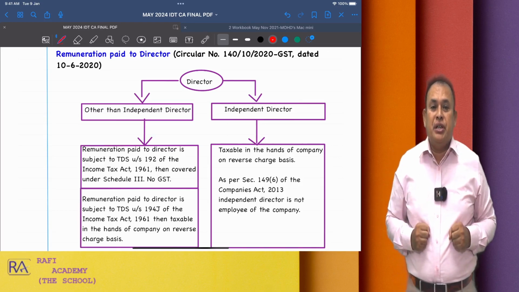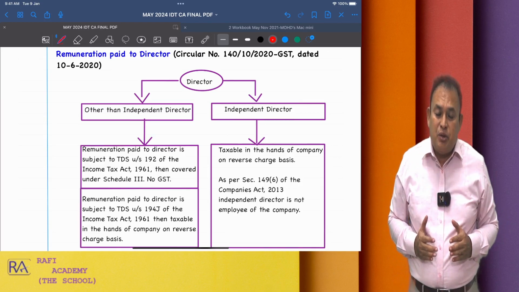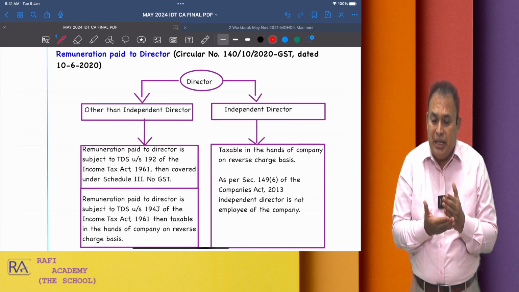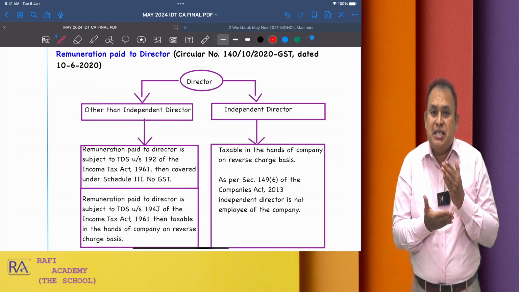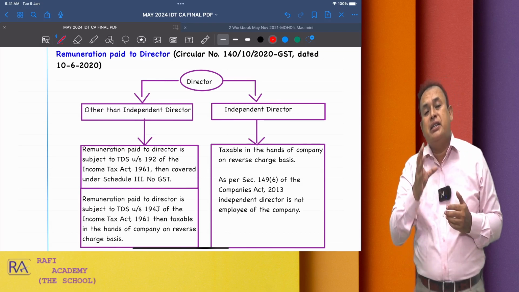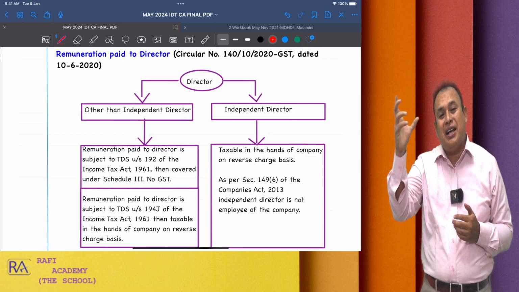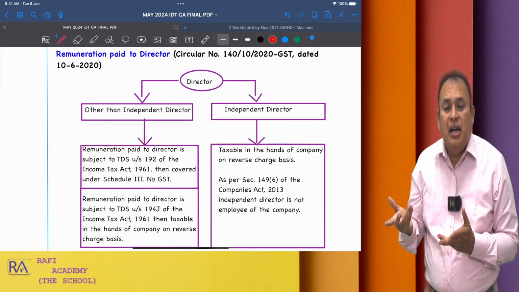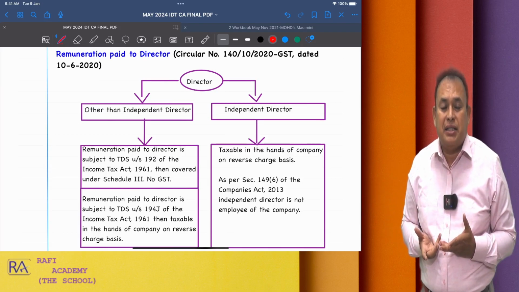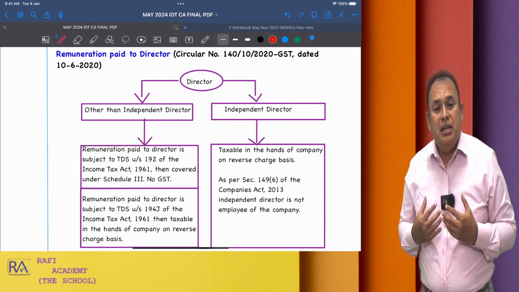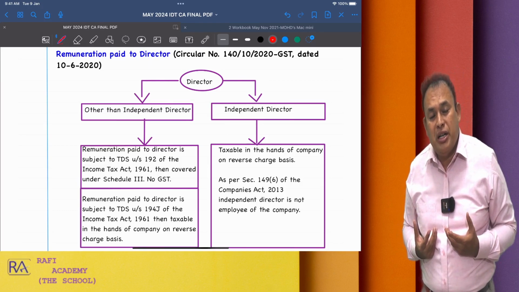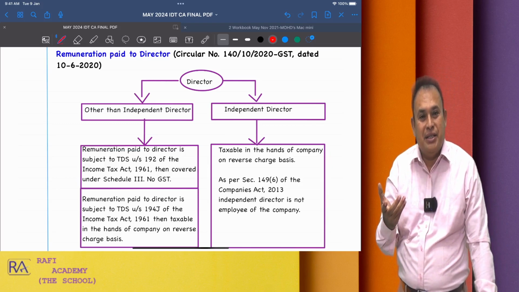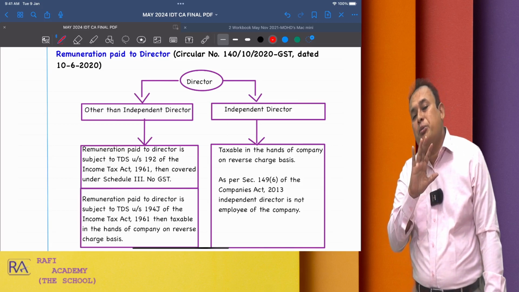If that comes into the picture, the CBIC has given a circular saying that if your salary or your remuneration, your consideration, is subject to TDS under section 192 of the Income Tax Act, and yes, sir, my company is deducting TDS under section 192 of the Income Tax Act 1961 from my consideration, my salary, my remuneration, then it is in the course of employment. In such a case, that is not going to be taxed under GST at all.